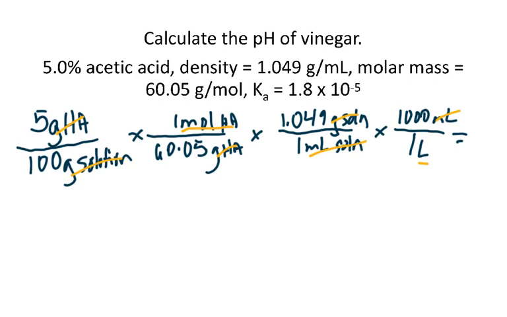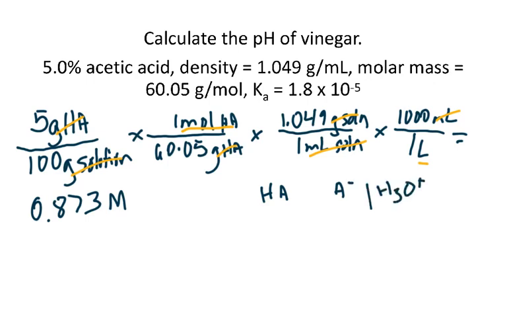And I get a molarity of 0.873 molar. So now I can set up my ice table. So I'm going to have my acid, my conjugate base, and my H3O plus, my initial, my change, and equilibrium.